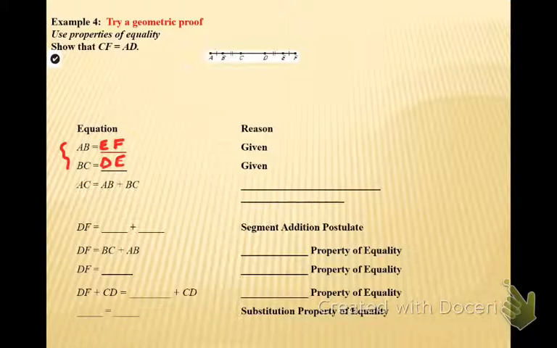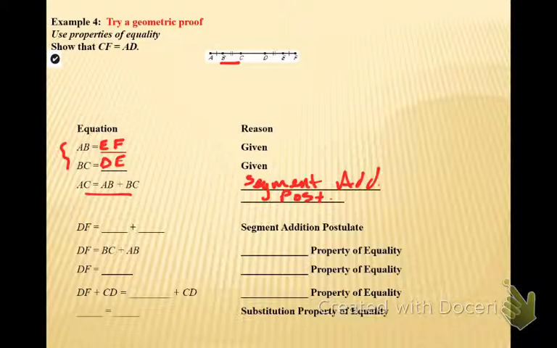So what I do recognize is that the AB plus BC up here has to equal all of AC, the segment addition postulate, right? And so that's where this statement came from. We can use this segment addition postulate to make that statement.